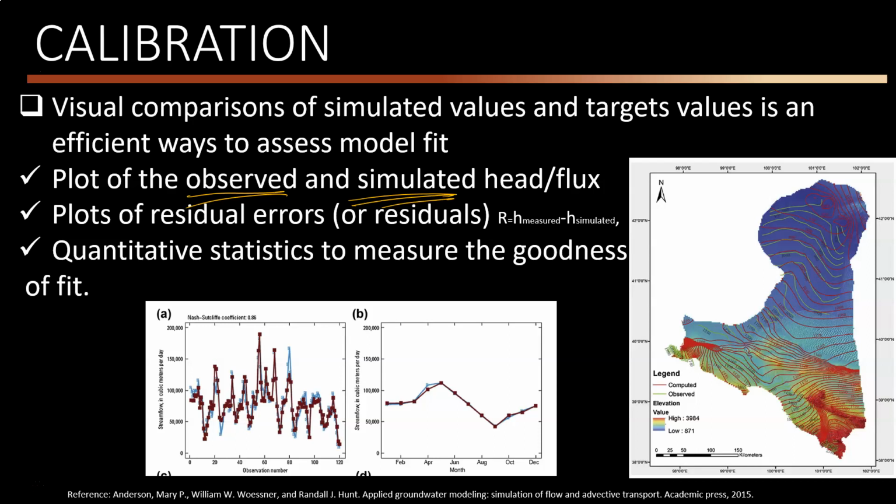For example, in this map, you see that there are different contours. One is red, the computed, and the green is the observed. So based on this visualization, you can find the best solution. For example, if this is the main area of your interest, you can focus on it and, based on that, find the best solution.